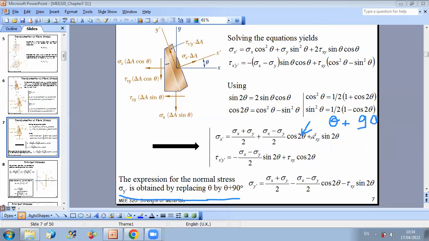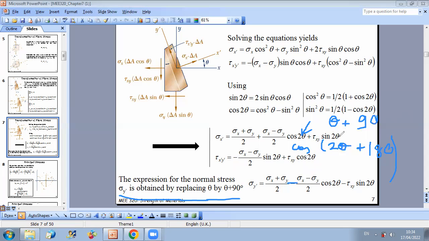So if you replace theta by theta plus 90, you will get (sigma x plus sigma y) over 2 plus (sigma x minus sigma y) over 2 times cosine of (2 theta plus 180). And we know that cosine (2 theta plus 180) is equal to minus cosine 2 theta. So for sigma y prime, you will have minus (sigma x minus sigma y) over 2 cosine 2 theta.